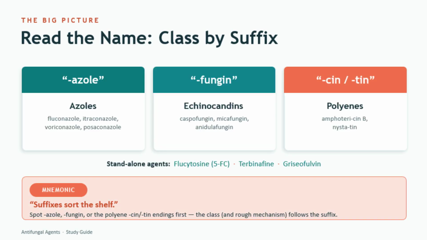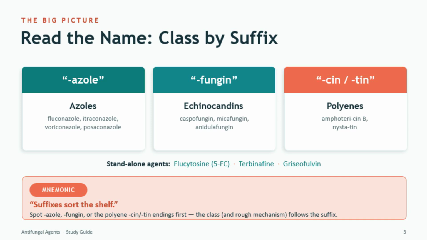Now here's a trick that will save you in the exam hall. You can often read a drug's class straight off its name, just from the suffix. Anything ending in -azole is an azole: fluconazole, itraconazole, voriconazole. Anything ending in -fungin is an echinocandin: caspofungin, micafungin, and anidulafungin.